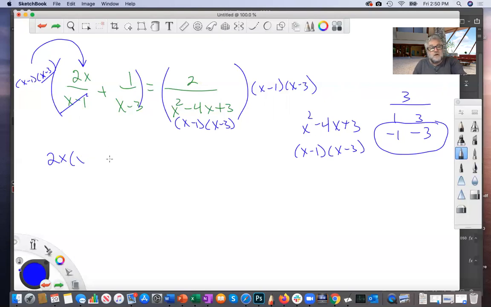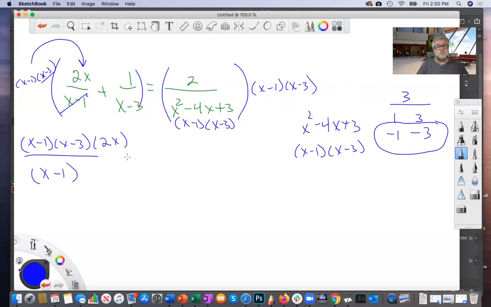Let me write it out in gory detail. So I'm going to have x minus 1 times x minus 3 times 2x all over x minus 1. Plus, then I'm going to multiply it here. x minus 1, x minus 3 all over x minus 3 equals, I got to get rid of this stuff.